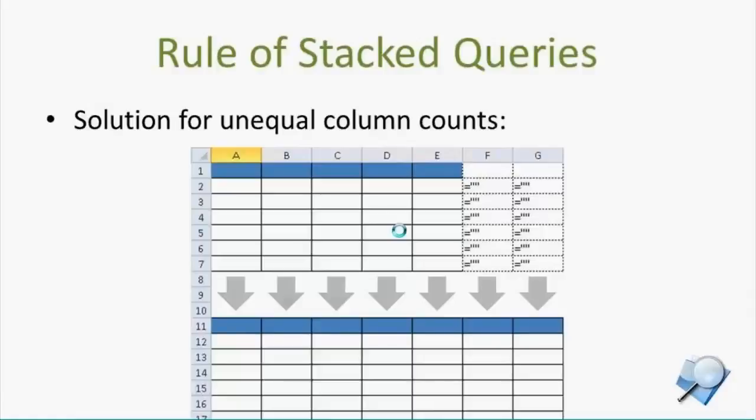So we try to keep the number of columns equal when we have queries stacked on top of each other. And the reason I bring this up in this class is because financial statements tend to have more of this going on than other kinds of reports, because you're going to have multiple sections of different types of accounts or different ranges of accounts, and you need to make sure those sections play nice with each other. They don't create that kind of split like I was showing earlier.